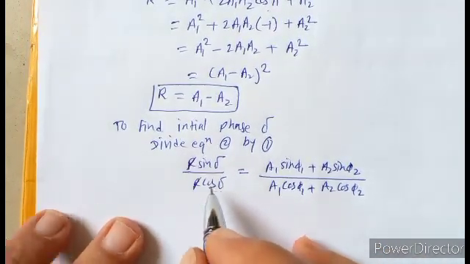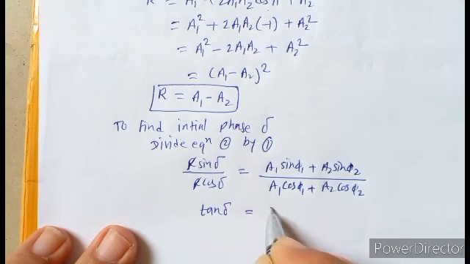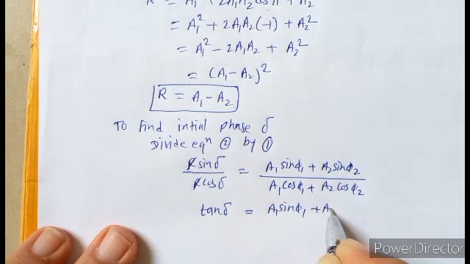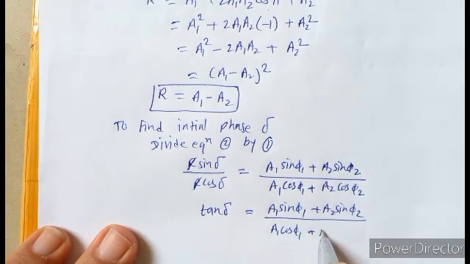R cancels. So sin upon cos is nothing but tan delta, which is equal to (a1 sin phi 1 plus a2 sin phi 2) divided by (a1 cos phi 1 plus a2 cos phi 2).